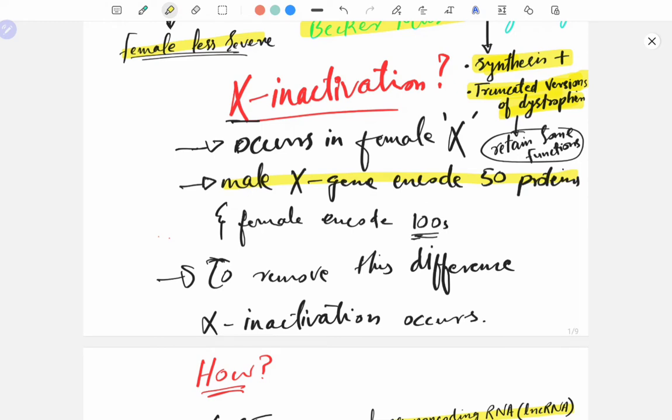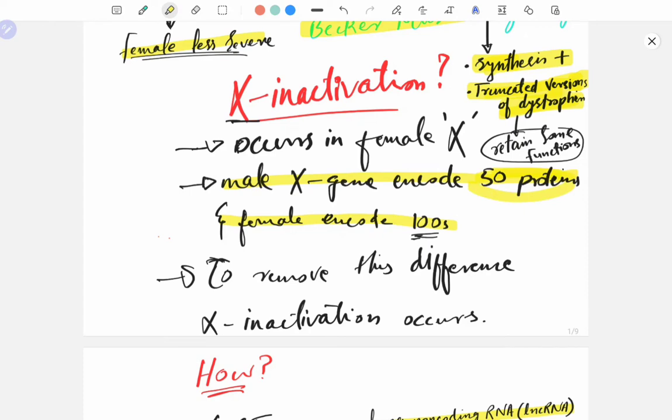If a male X chromosome is involved in the fertilization, and the female X chromosome, the embryo develops, and the female encodes thousands of proteins, and male encodes only 50 proteins.